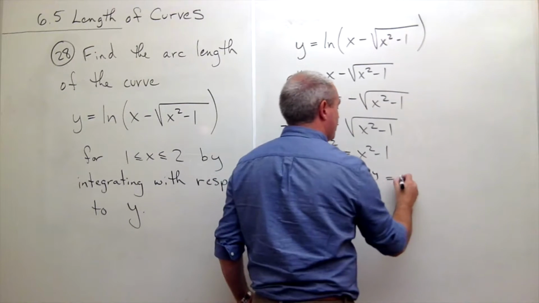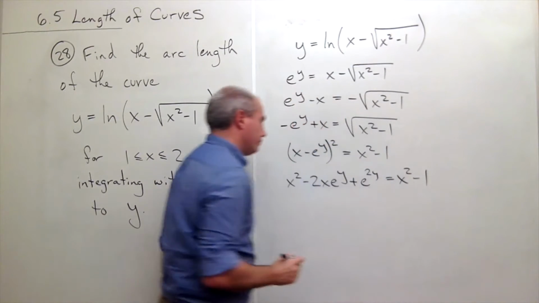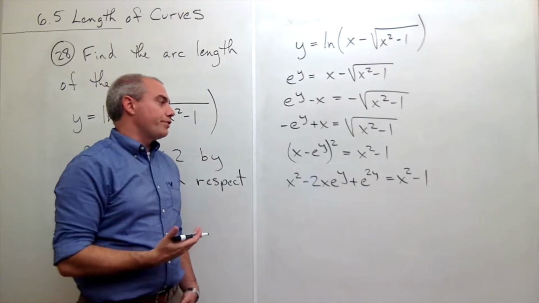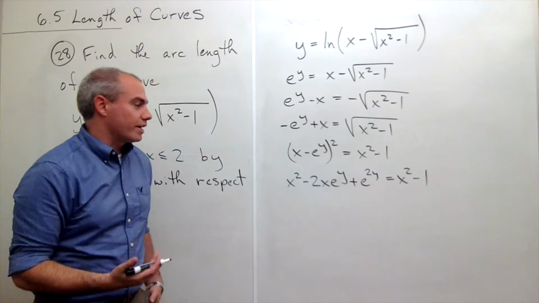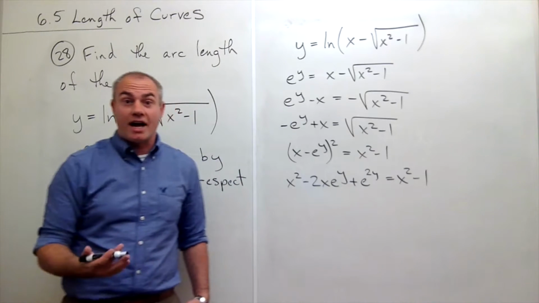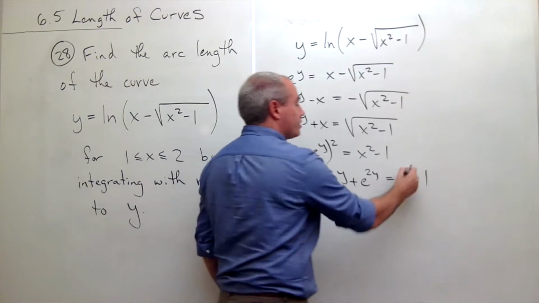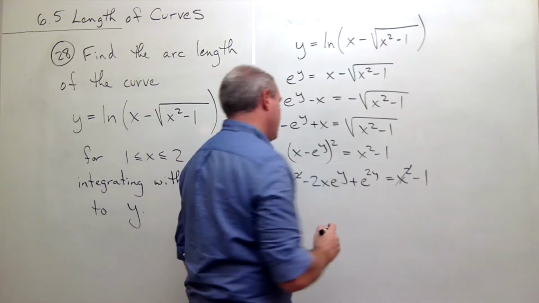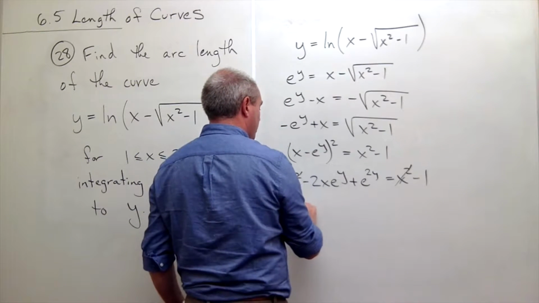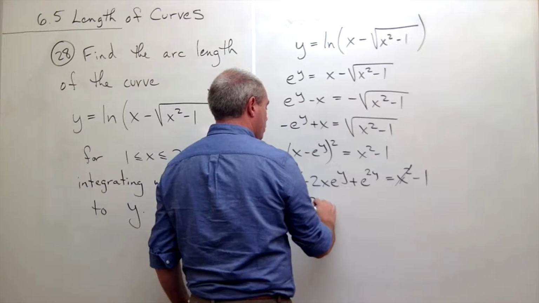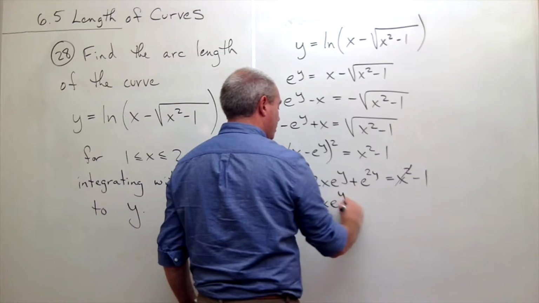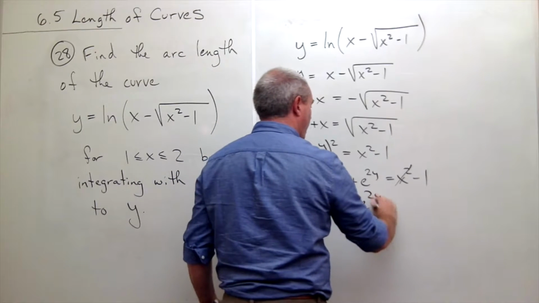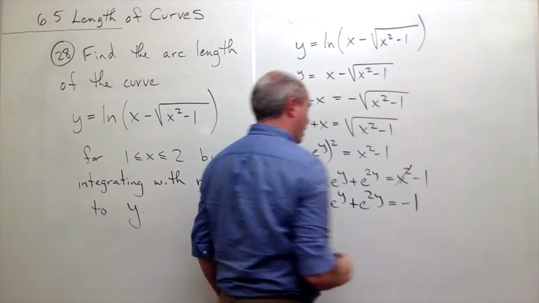And that's equal to x squared minus 1. Notice that both sides have an x squared, so I could subtract x squared from both sides. When I do, the x squareds go away, and I'm left with negative 2x e to the y plus e to the 2y is equal to negative 1.